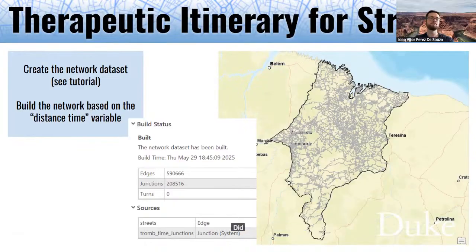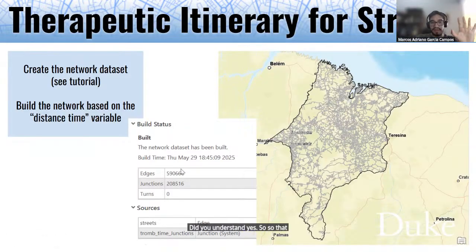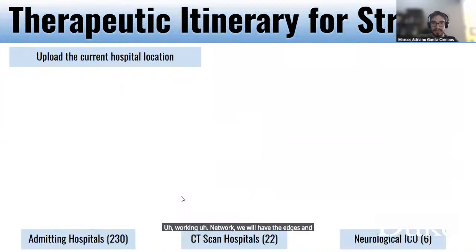Did you understand? Yes, thank you. So a working network will have edges and junctions.